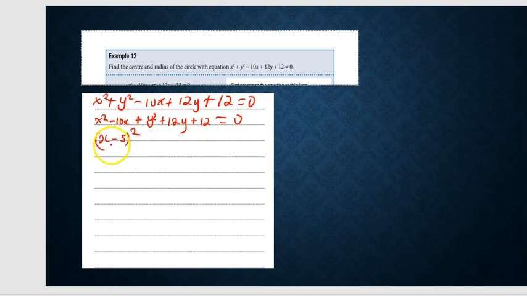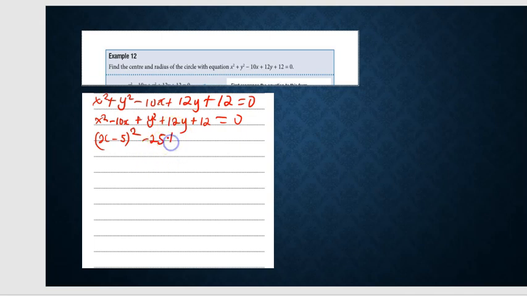This will give us x squared minus 10x, and then minus the square of 5, which is 25. So we have minus 25 as the part of x in terms of completing the square for x.